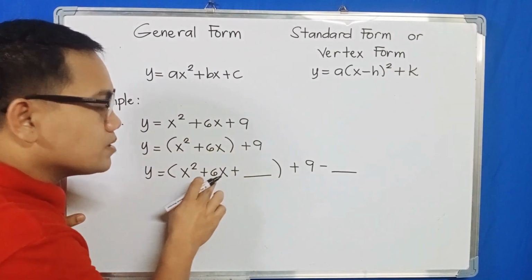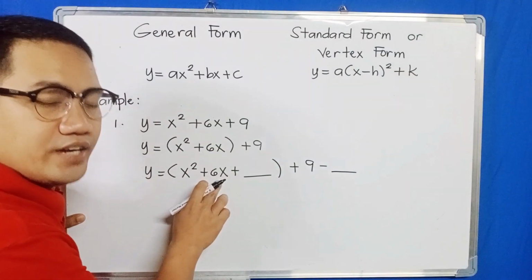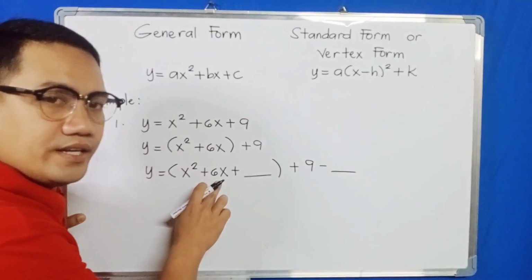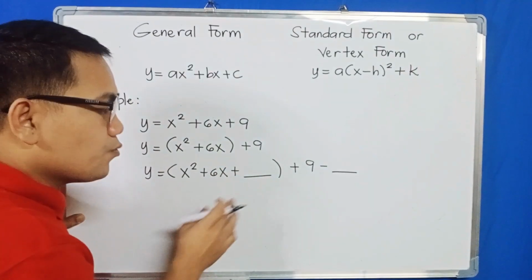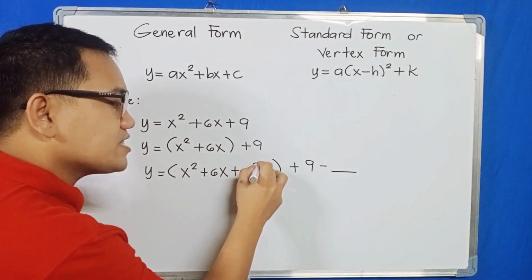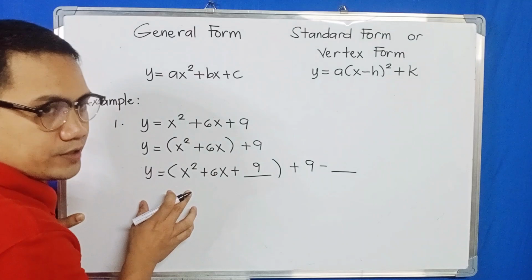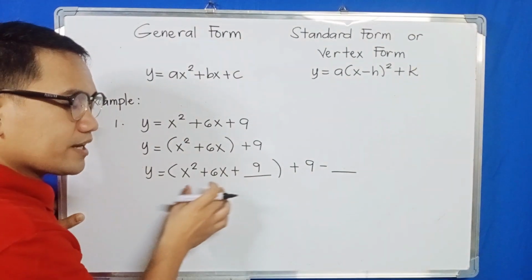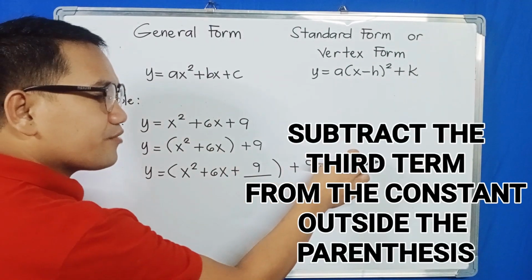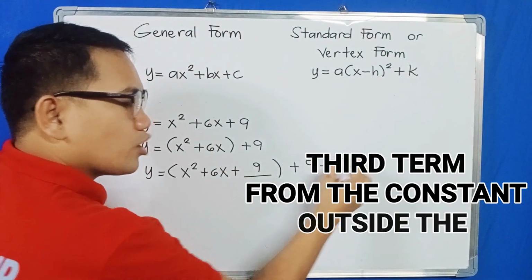So half of 6 is 3, then squaring 3, that is equal to 9. Therefore, we will add 9 as the third term of this given expression. And whatever is added to our expression, making it a perfect square trinomial, will be subtracted from our constant.